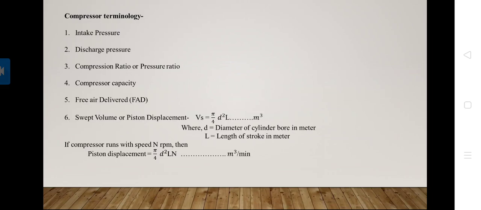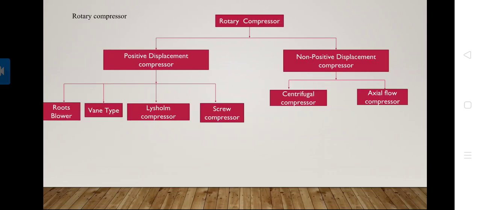Okay, now we see the rotary compressors. In lecture 1 on air compressors, we already saw the classification of air compressors, and here again we see the classification of rotary compressors.